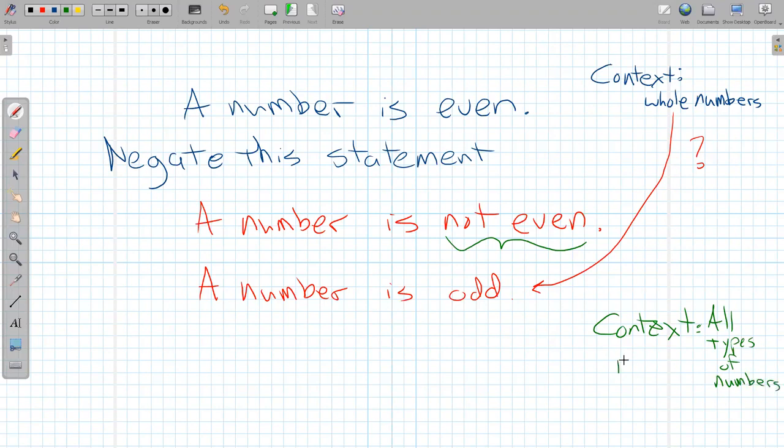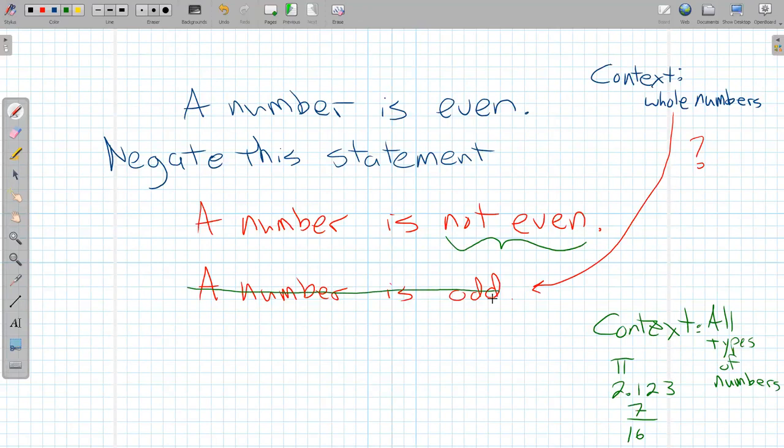So that could be like pi is a number, and 2.123 is a number, and 7/16 is a number, and only whole numbers are designated as even or odd. So pi is not even, but it's also not odd. 2.123 is not even, but it's also not odd, and 7/16 is not even, and it's also not odd. So if the context was all numbers, then this would not be a valid negation.